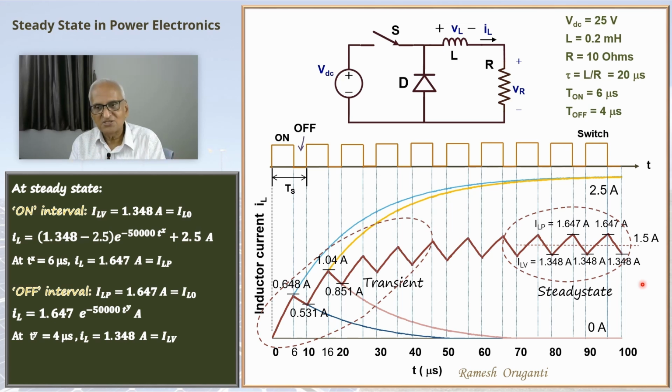So under the steady state, the pattern is repeated. The average current and the average voltages have reached constant values in this DC case. In the case of an AC inverter or something, the average value will follow the actual AC value for which the converter has been designed.